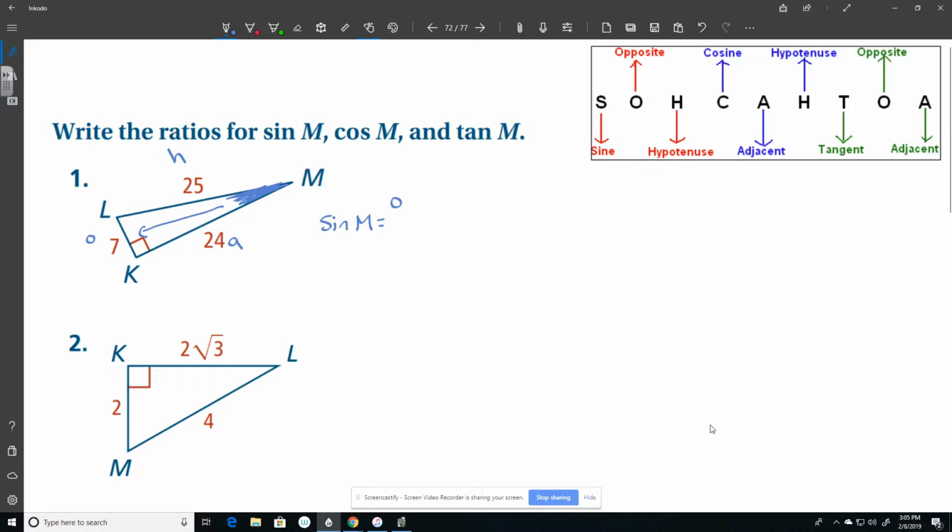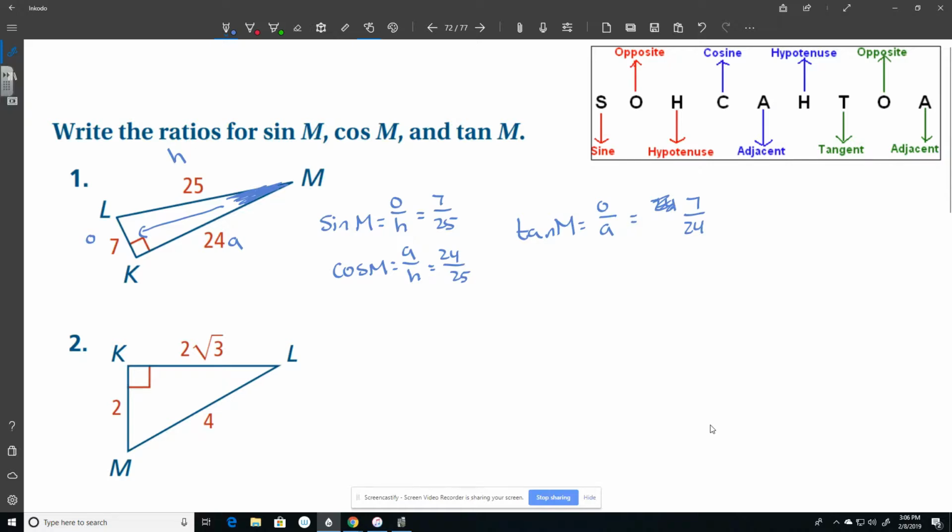My sine is the opposite over hypotenuse, which in this case, my opposite is 7 and my hypotenuse is 25. My cosine of m is going to be my adjacent side over my hypotenuse. My adjacent is 24, and that goes over 25. The tangent of m, remember tangent is opposite over adjacent, which in this case is 7 over 24. The opposite side 7 over the adjacent 24.